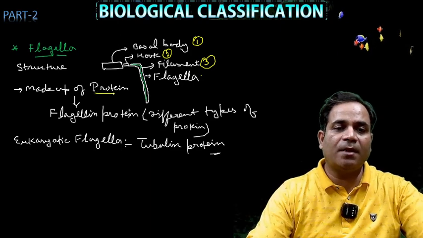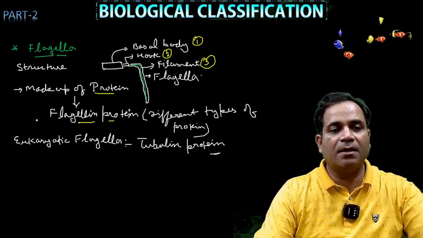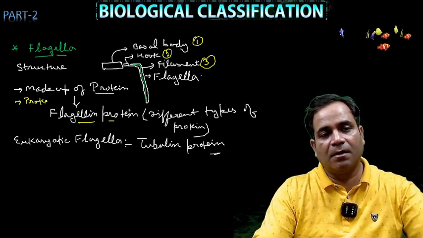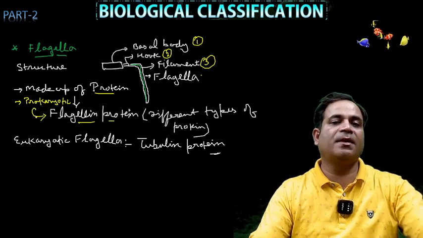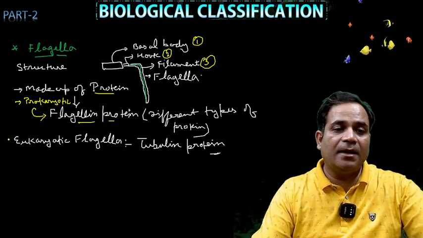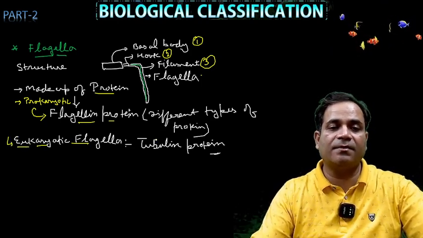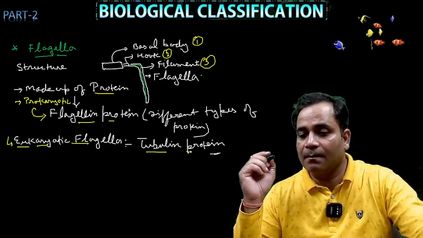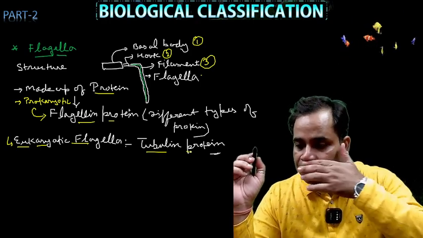It is made up of protein, flagellin protein, in prokaryotic. So prokaryotic flagella is made up of flagellin, which has different types of protein, while in eukaryotic, the flagella is just made up of tubulin protein. So this one is very important to know. Clear?